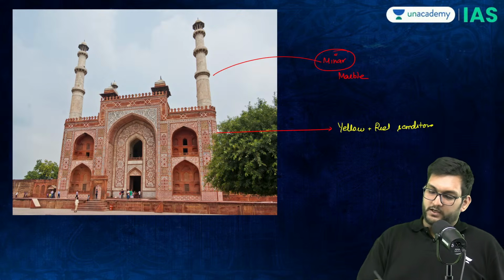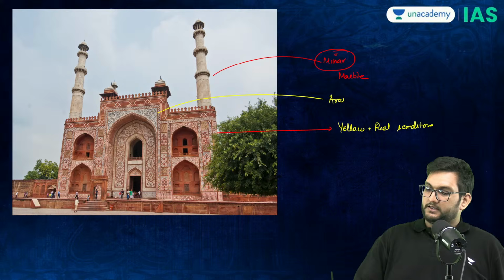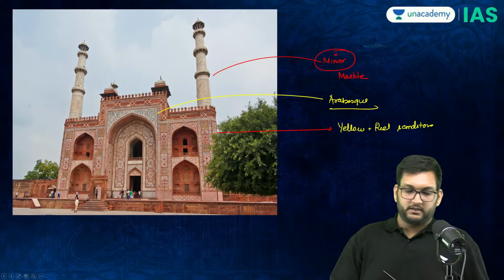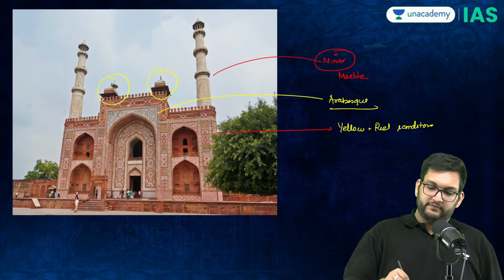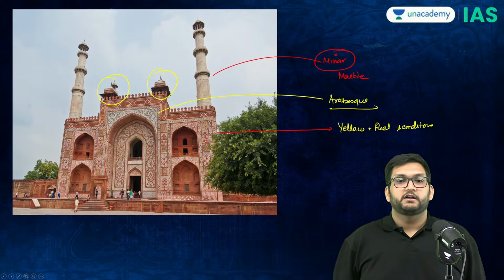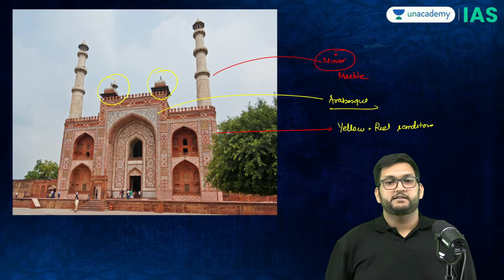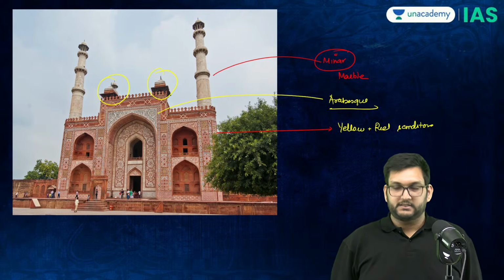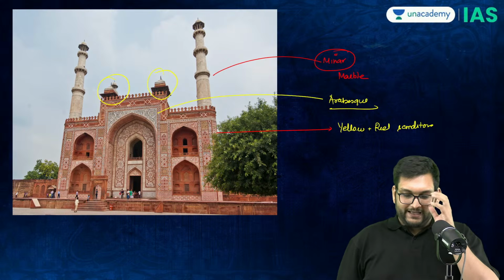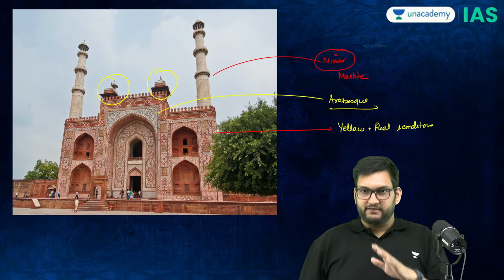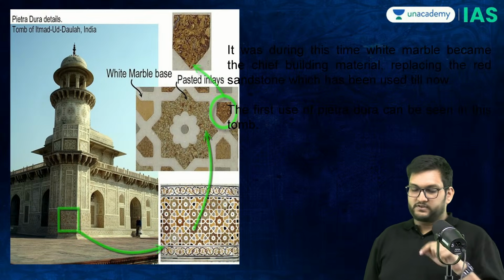You can see that the quality of arabesque has also improved. And obviously, if it's Akbar, it has to be Chhatri. So you can see that there's a transition.